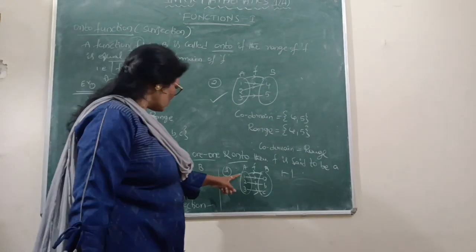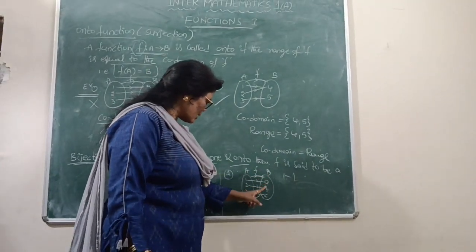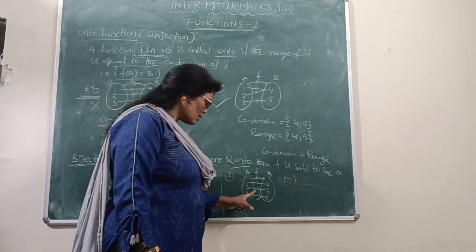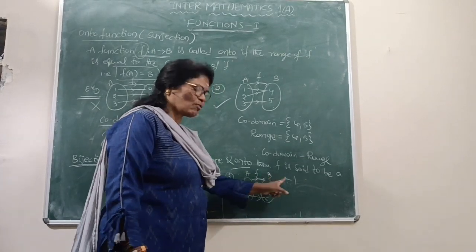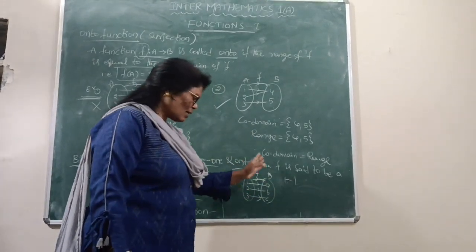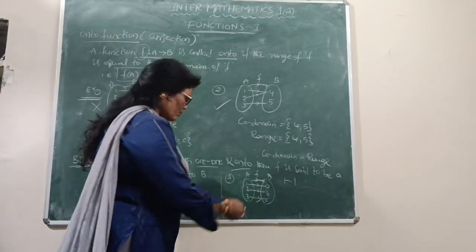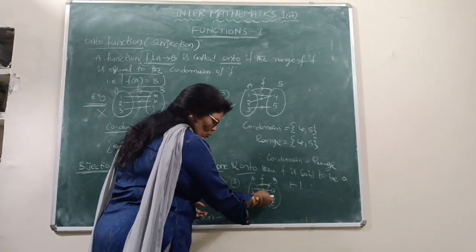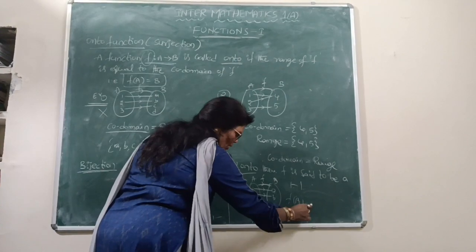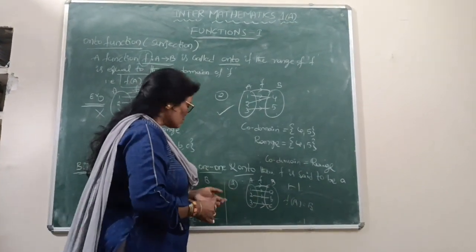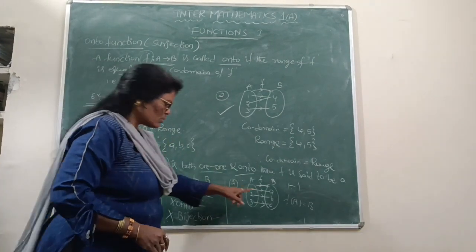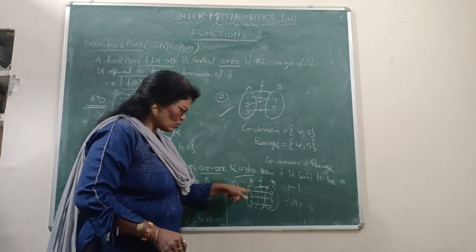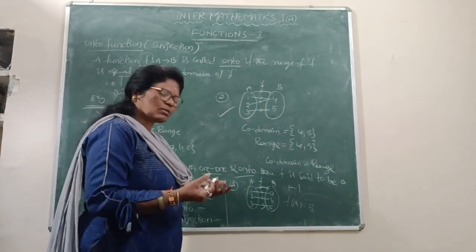In this example, A contains 1, 2, 3 and B contains A, B, C. Here the image of 1 is A, image of 2 is B, image of 3 is C. It satisfies one-to-one because distinct elements in A have distinct images. And for the onto condition, f of A must be equal to B. That means the codomain is equal to the range. The codomain has 3 elements, and the images also are 3 elements, both equal.